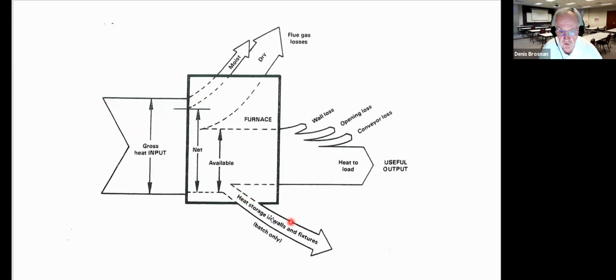We know that we have some going to heat storage in the walls. So we have to supply all this energy. That's what we're trying to figure out. And the furnace modeling capability of eSolutions is going to let us figure these things out pretty readily. We don't have to do manual calculations, which, trust me, are very time consuming.